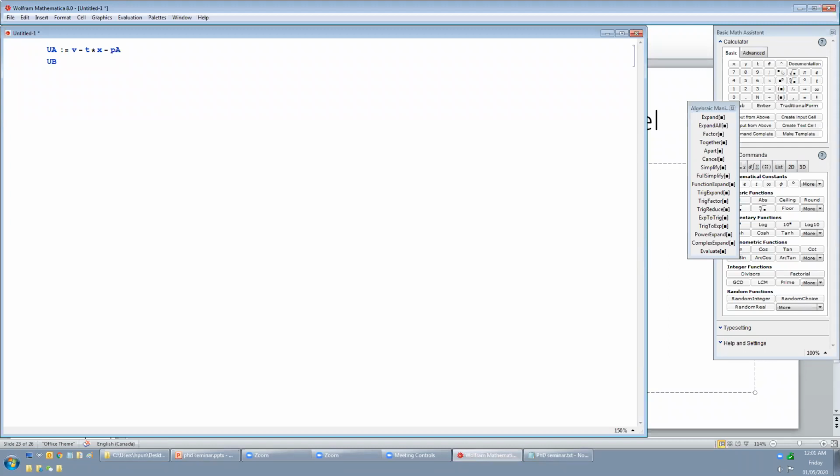The utility of a customer buying from firm B is defined as V minus T multiplied by 1 minus X minus PB. So those are the two different utility functions.